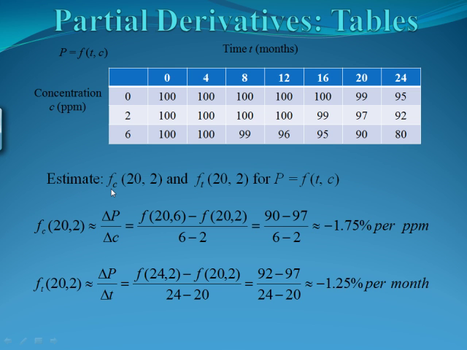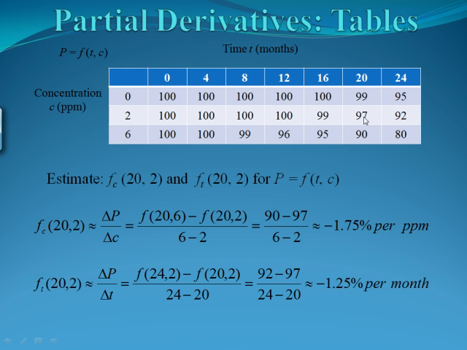Now again, when you take the partial derivative with respect to c, that means that t is going to be fixed. So here, since t is 20, we're focusing on this column. Okay? So if we want to estimate the partial derivative at 2, we want to look at how much the function P, the whole entire function, is changing with respect to how much the concentration is changing.